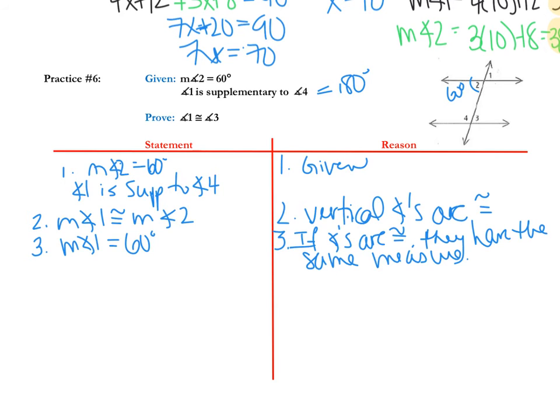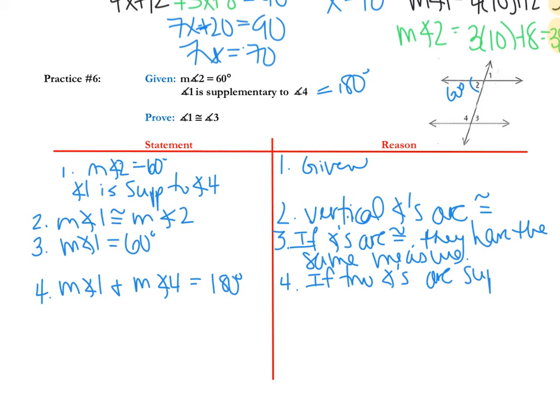So let's go to our other piece of given information. We know that the measure of angle 1 plus the measure of angle 4 equals 180 degrees. Why? Because if two angles are supplementary, then the sum equals 180.